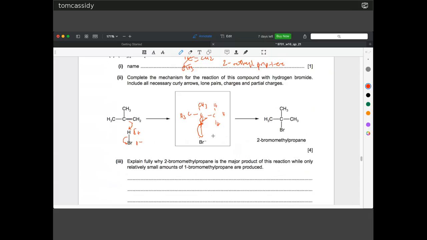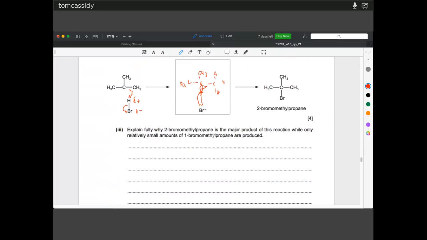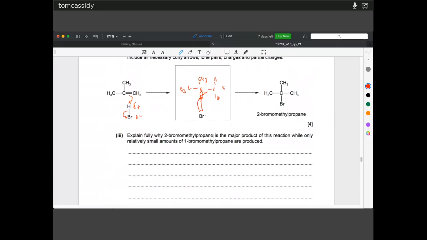And you've got to explain why it is that you get that particular compound forming as the major product in this reaction. Because if you look at this, it didn't have to be this way. It could have been that the positive charge ended up over here rather than here. And so there's a difference in the 2 reaction pathways within our mechanism.